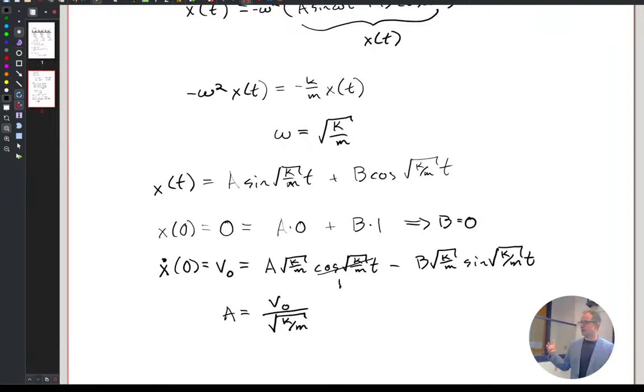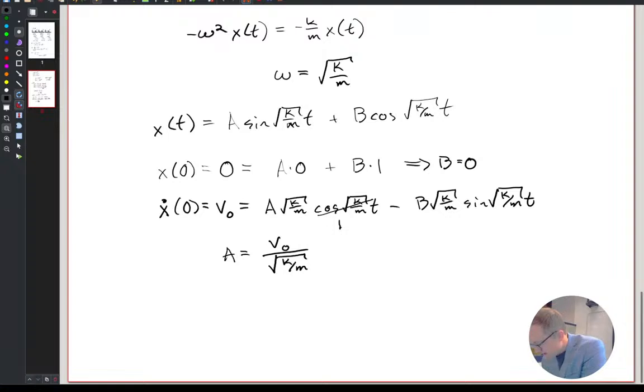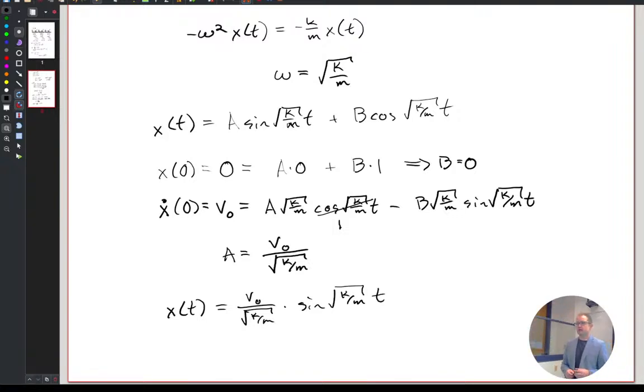I didn't know exactly what they would be, but now with initial conditions and my differential equation, I know that x of t is v0 over root k over m times sine of root k over m t. Kind of like that. How's it look?